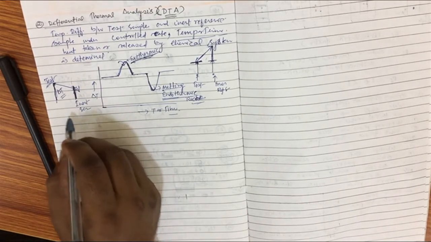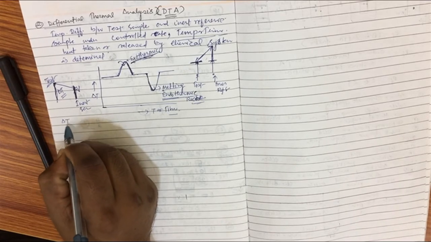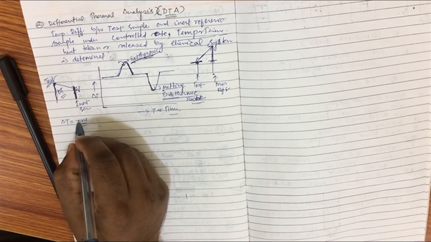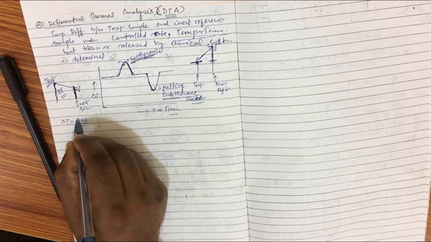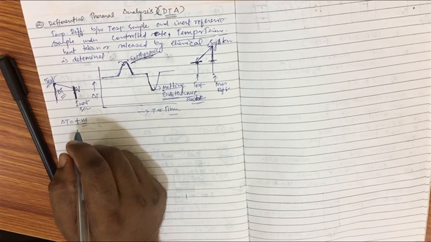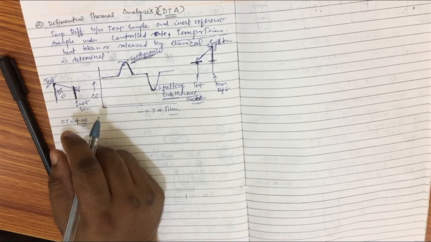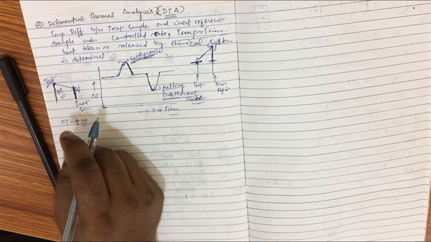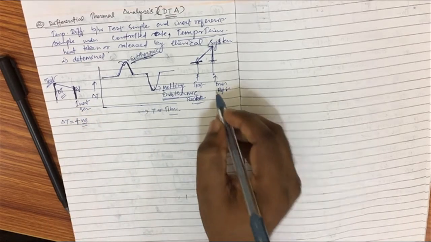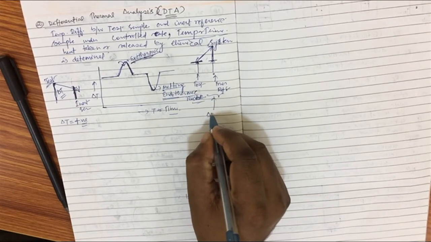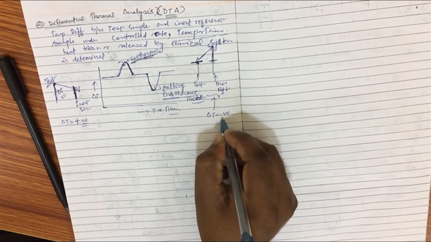Reference sample is at lower temperature. So here for exothermic, delta T should be negative. Okay, sorry, positive. Delta T should be positive. And for endothermic, this is endotherm, here delta T should be negative.